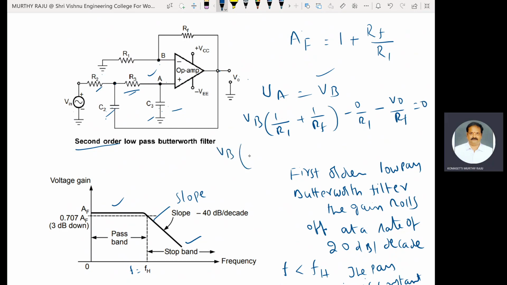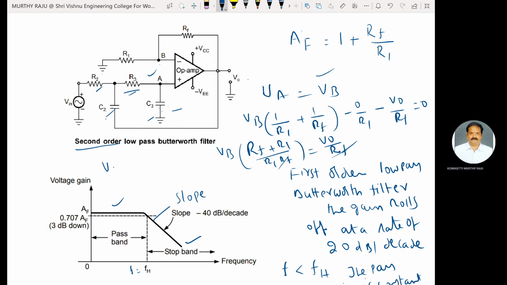Therefore, VB into RF plus R1 by R1 RF is equal to V0 by RF. RF cancels. Therefore, VB into 1 plus RF by R1 is equal to V0.